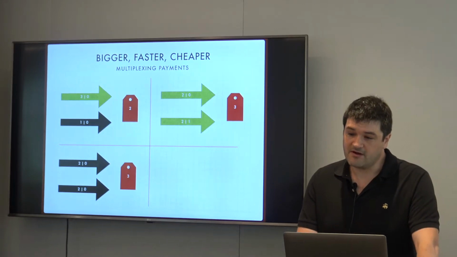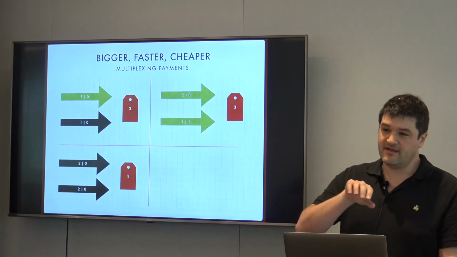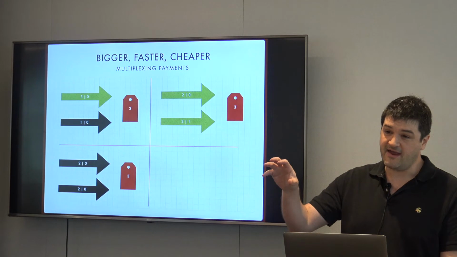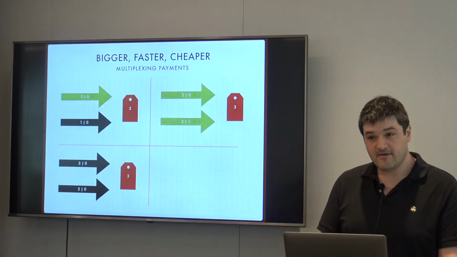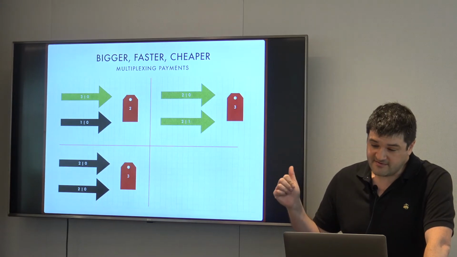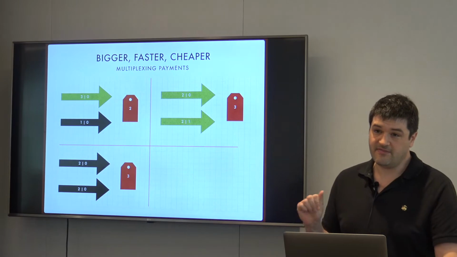And the way that would work is you can actually move funds from channel A to channel B. You can see in the second quadrant, I have 4 coins total, but they're split up incorrectly.